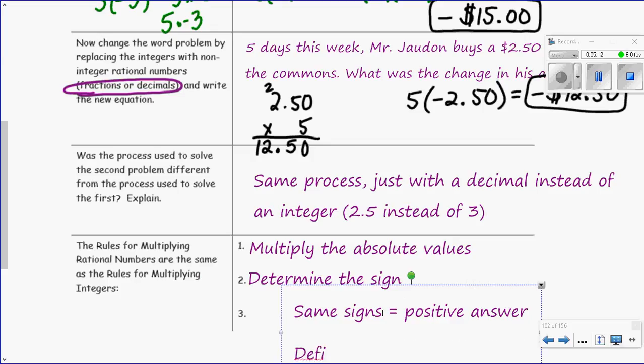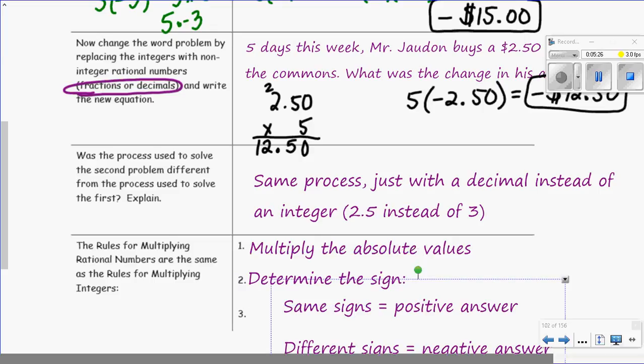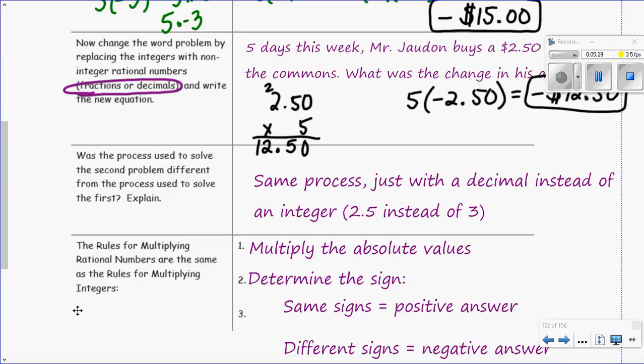And different signs give us a negative answer. Okay, not too bad. So for multiplying integers and multiplying rational numbers, it's the same process.